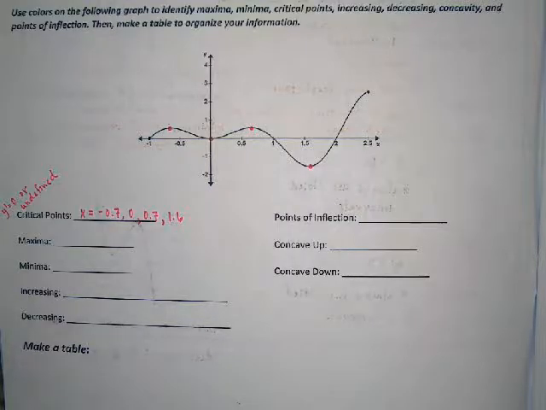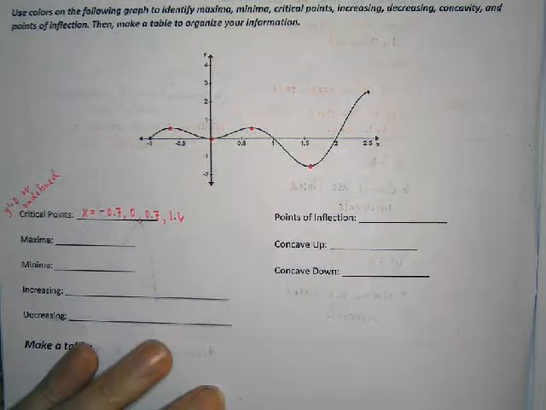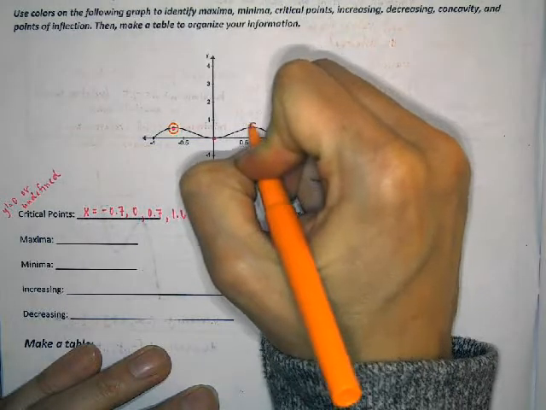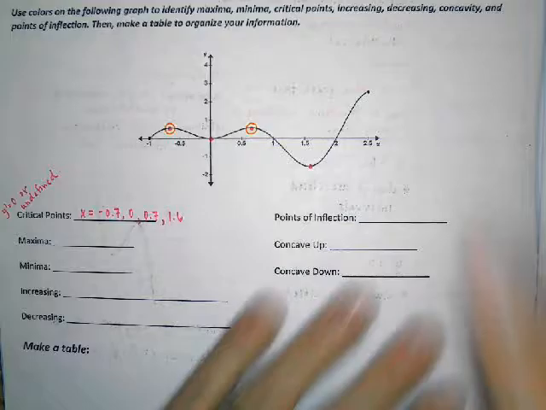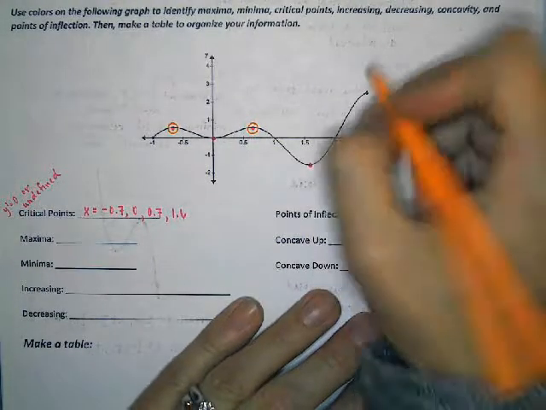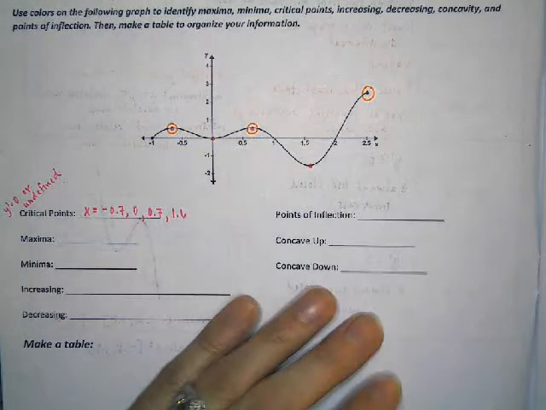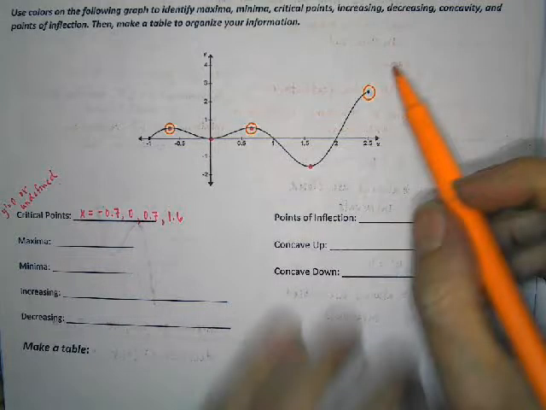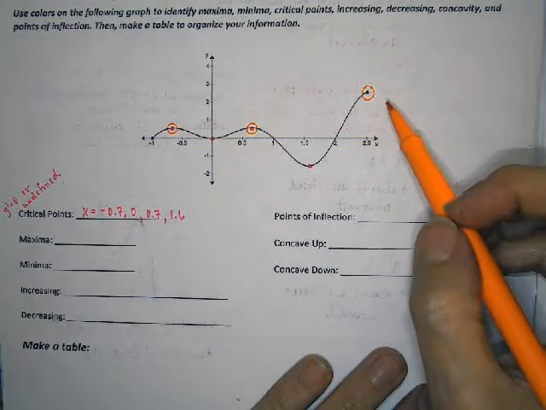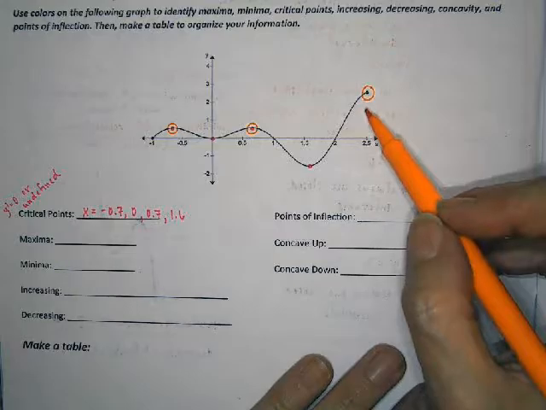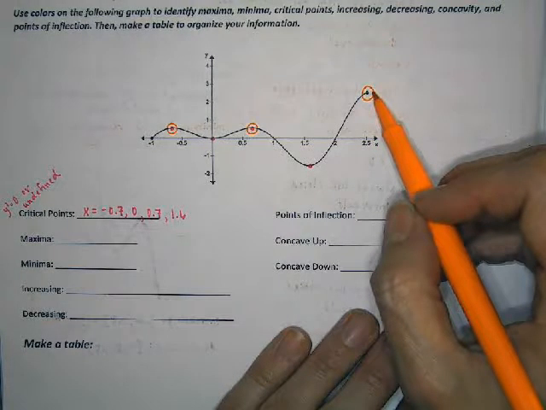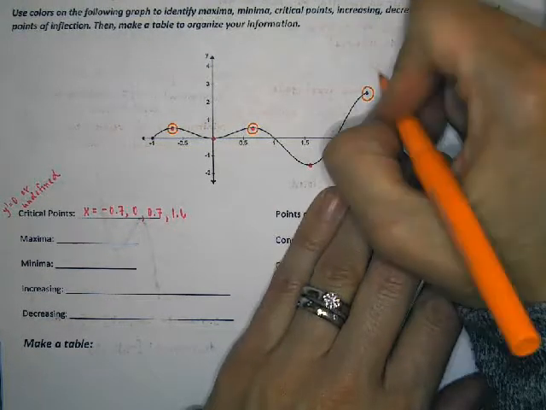Okay, so now if I look for my maxima, it looks like I have one here and here. And in this case, since I'm closed at this endpoint, I'm going to have a maximum value here. And even though it doesn't ask for it, I want to make a note. Since we're on a closed interval, this point is going to be the highest point anywhere on this graph.